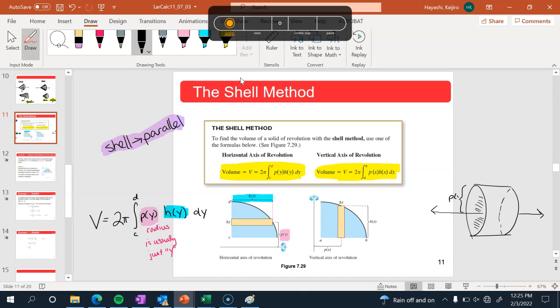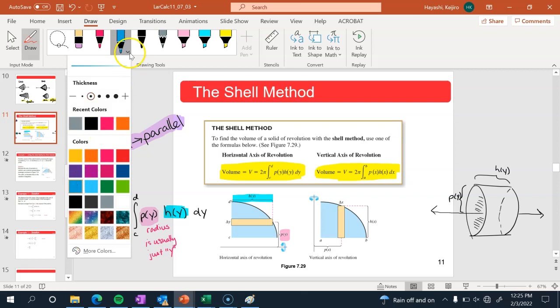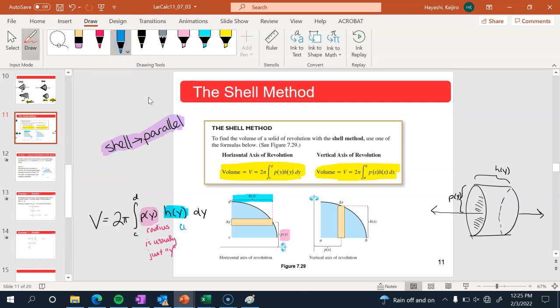That's that p of y, and this is going to be h of y, the height of this cylindrical shell. That's going to be the actual function that describes the curve. Whatever function this thing is, that's what decides the height of the shell, the value of this actual function.